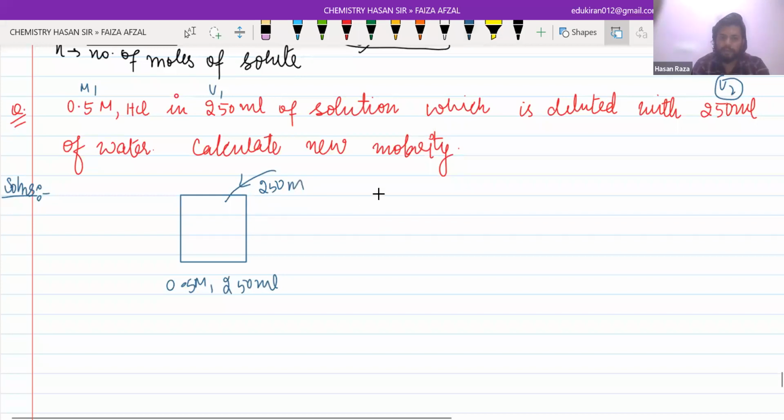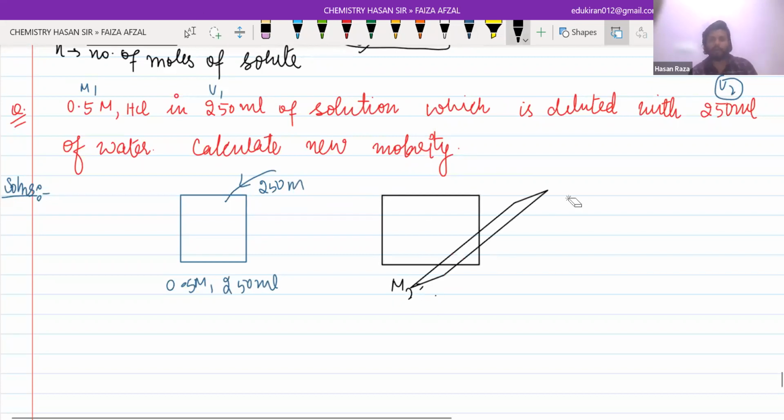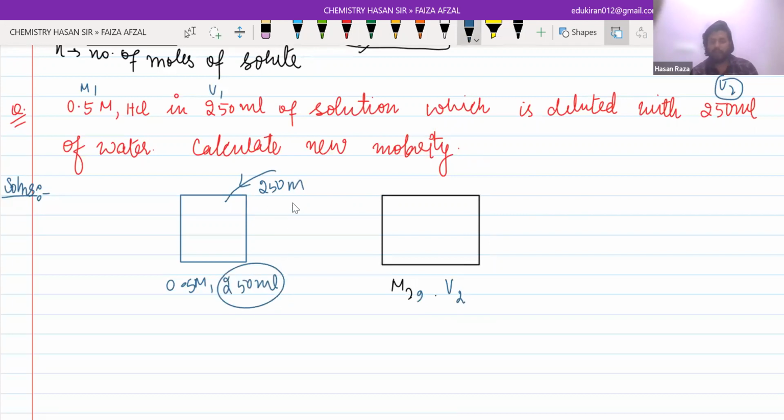That means for the new container, we need to calculate the final molarity. But what will be the volume? Initially it was 250 ml and then you added 250 ml more. The final volume is equal to 500 ml. Yes or no? Yes.